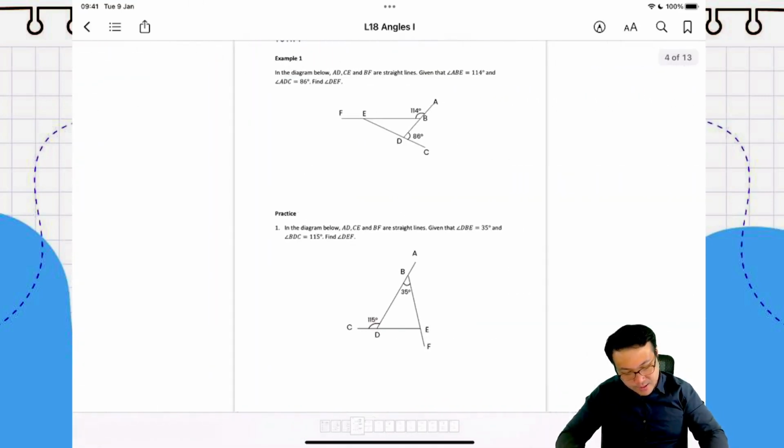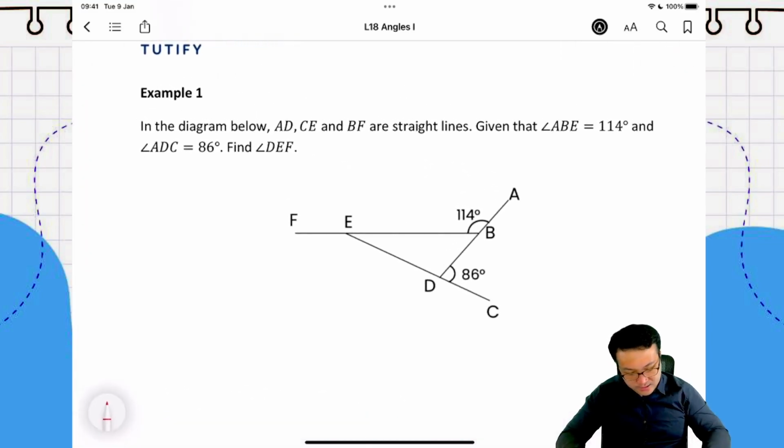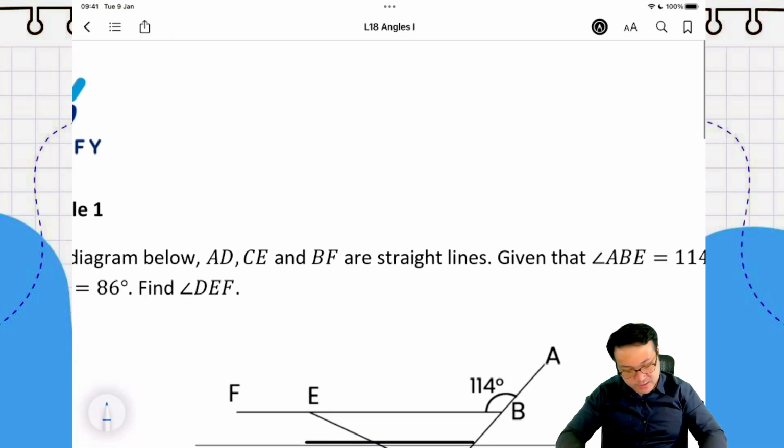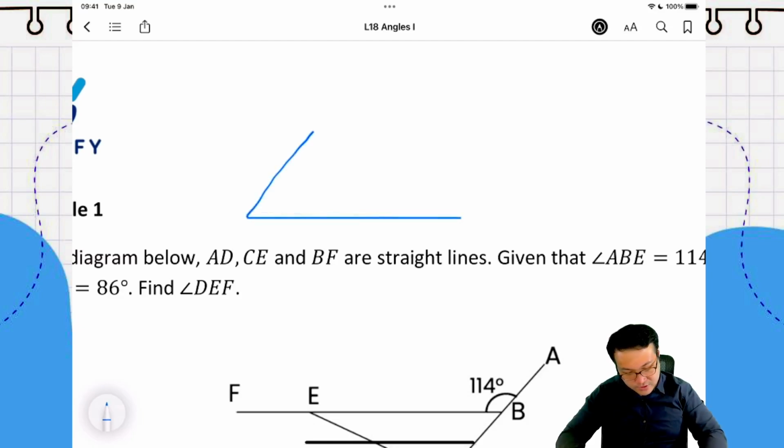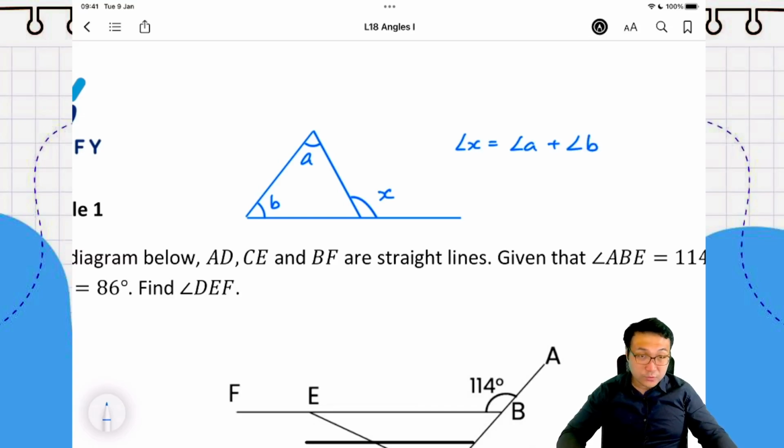Let's look at example 1. Let's try to identify this. Let me draw it here again before we start. If you have a triangle like this, you have an exterior angle here. This is the exterior angle. Let's call it angle X. And let's call the other two opposite angles, the two interior opposite angles, A and B. We know that angle X equals angle A plus angle B. So what rule do we call it?